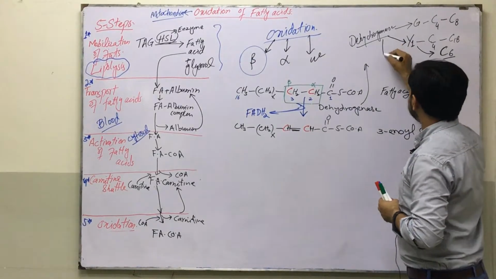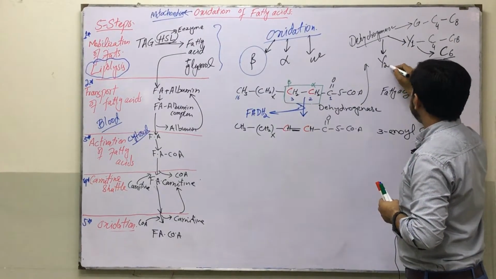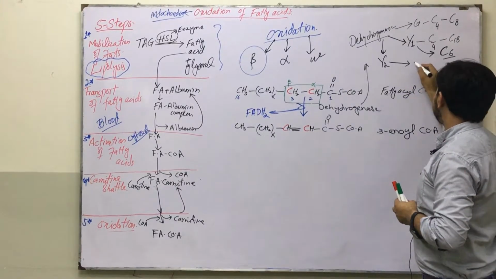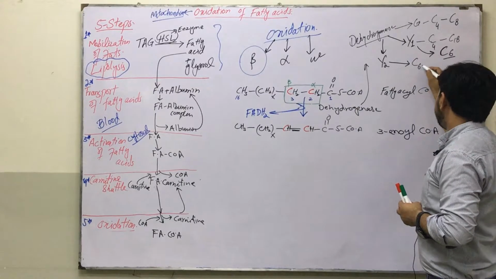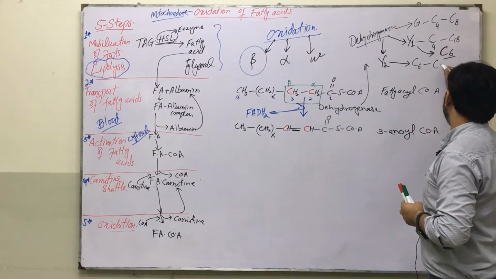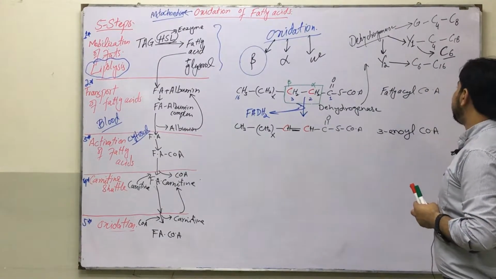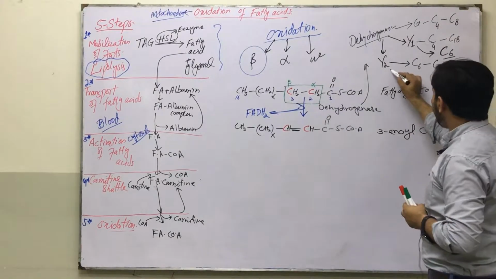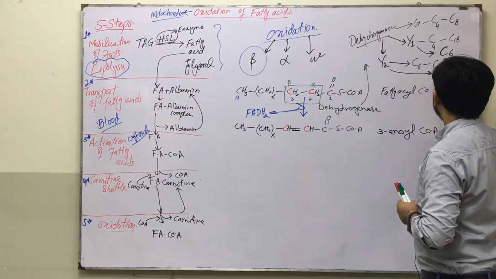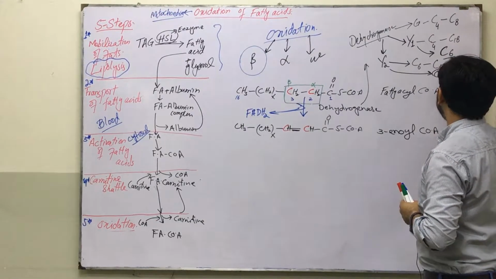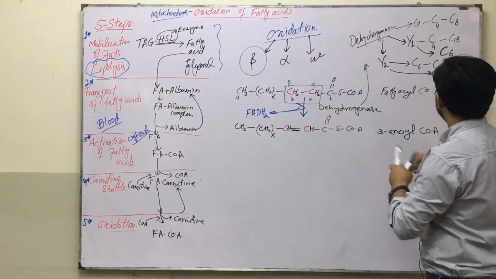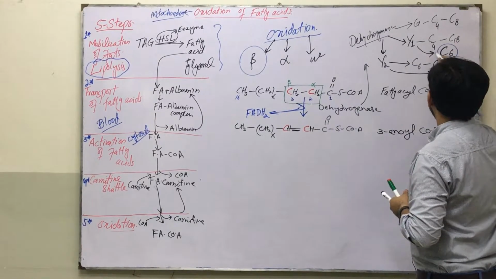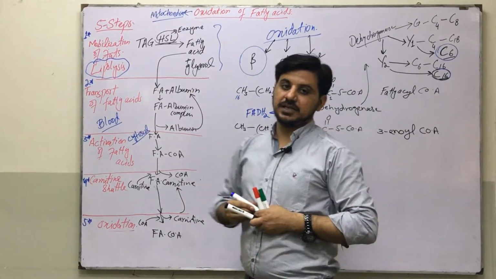And the third one is Y2. This one is specific for fatty acids having a chain length of 6 carbon to 16 carbons, and it is more specific for 16 carbon fatty acids.